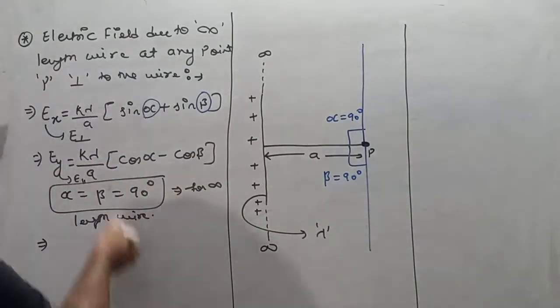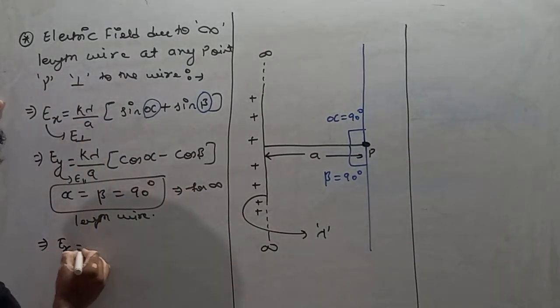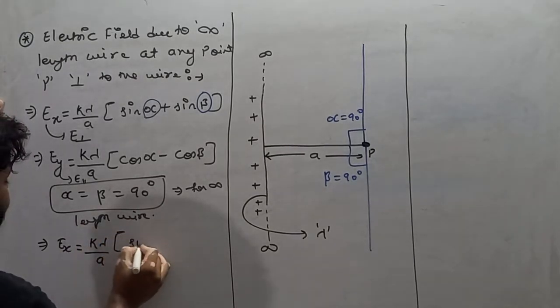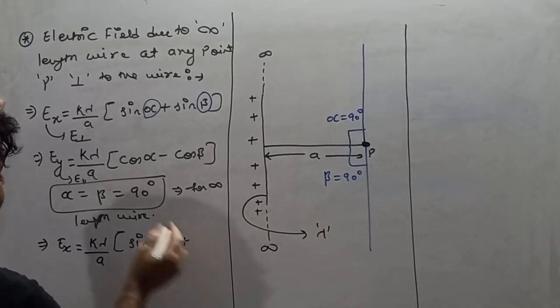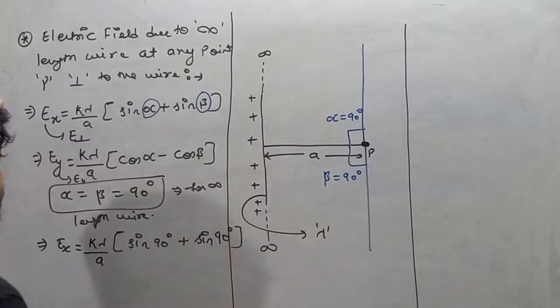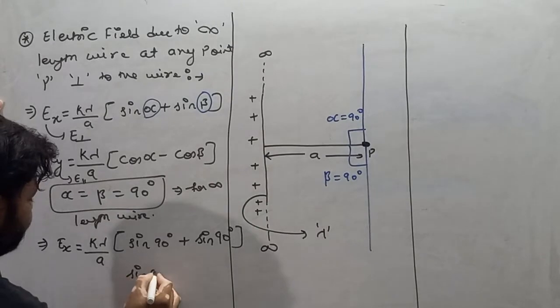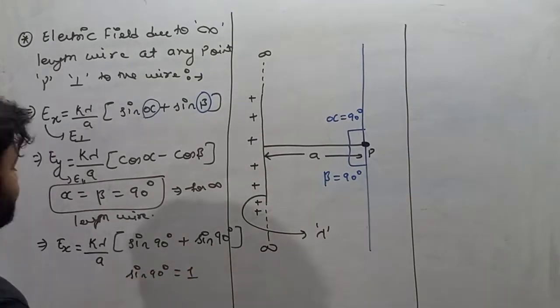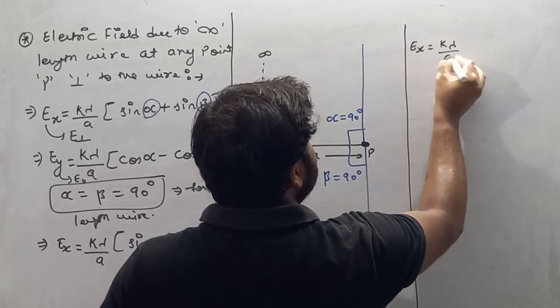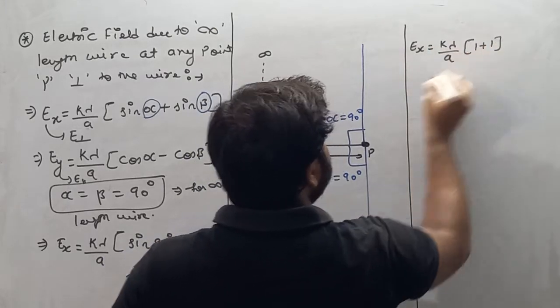So my dear student, Ex is equals to k lambda by a (sin 90 plus sin 90). We know the value of sin 90. Sin 90 becomes equals to 1. So Ex is equals to k lambda by a (1 plus 1).